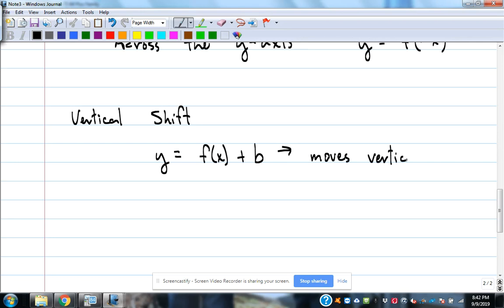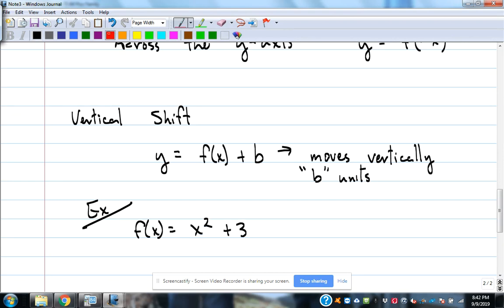Vertically, b units. Okay? Example. f of x is equal to x squared plus 3. That plus 3 is going to shift it up 3 units.